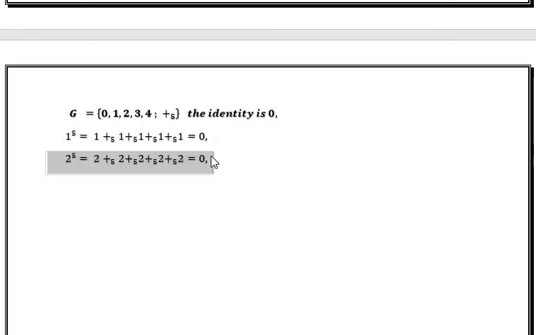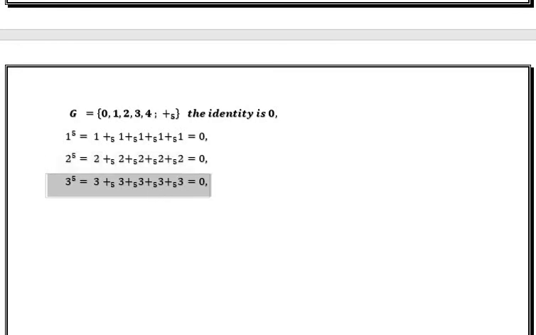The next element 2. 2 also, if you add 5 times, 10 you will get. 10 is the multiple of 5. Again the remainder is 0. Therefore order of 2 is also 5. Order of 3. 3, if you add 5 times, 15 we get. 15 is again a multiple of 5. So the remainder is 0.